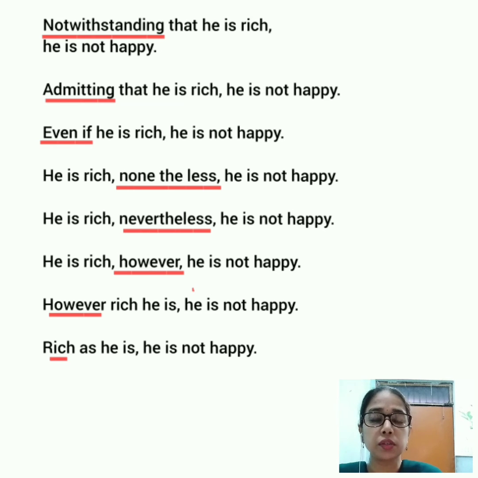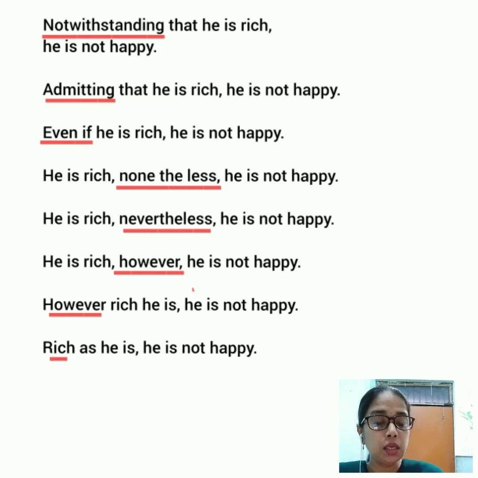So here you see, children, he is rich, and then between the two clauses I have used the phrase nonetheless. And when you are using it between the two clauses, then you will be putting a comma before and after it. Like here, he is rich, comma. Sometimes instead of the comma, you can also put a semicolon.